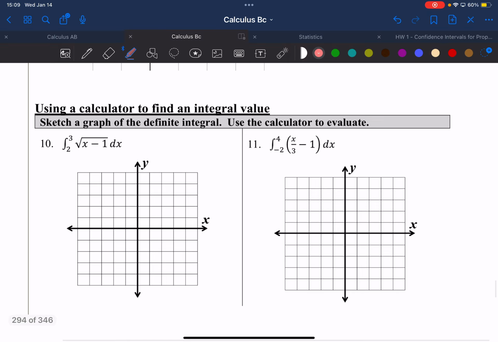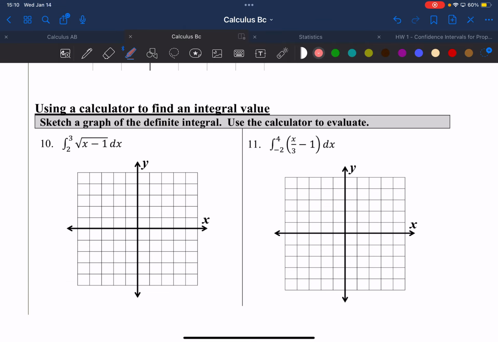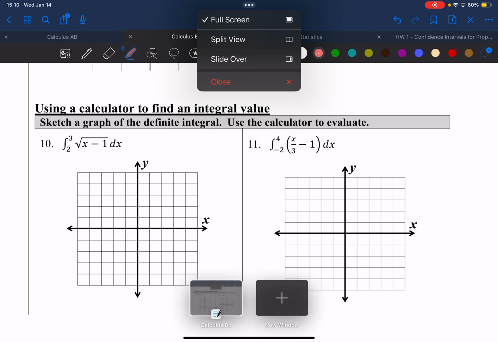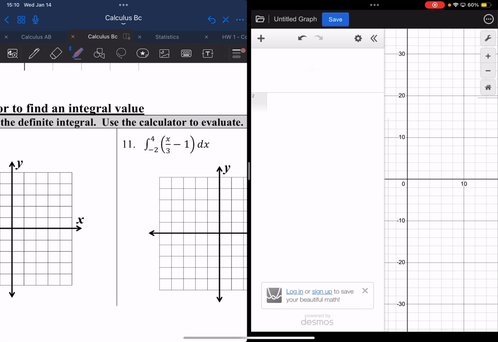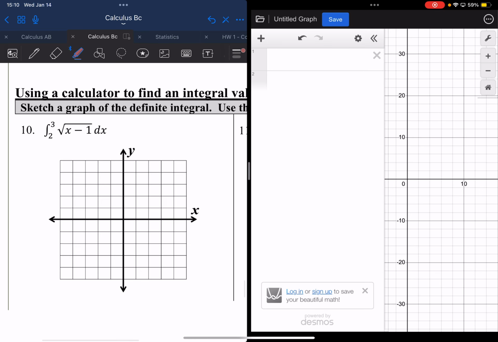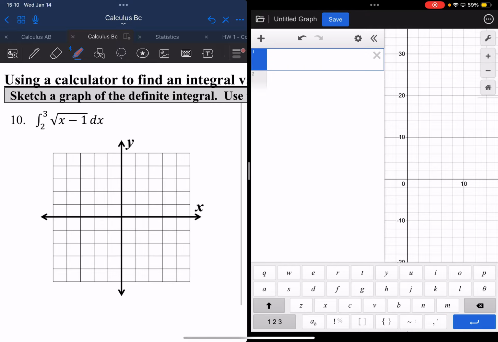Desmos. I'm going to go ahead and pull up Desmos. For this one, it wants you to sketch the graph and then define the integral using a calculator, so in our case, Desmos. First, in order to make that sketch, let's say you forgot how all the functions look.